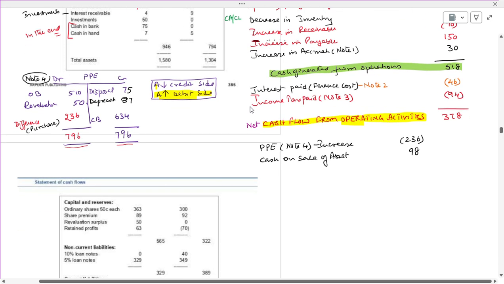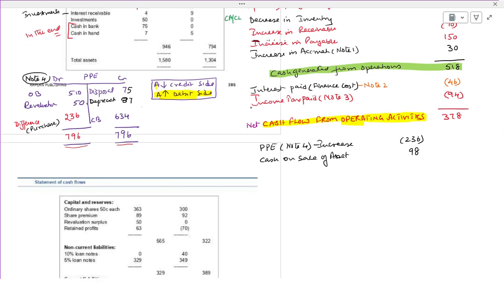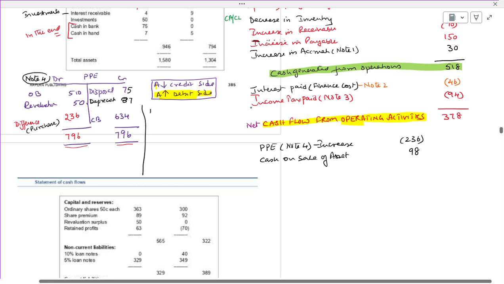See, investment. How much is there? I am writing here only, okay? Note 5. Is it right? Note 5. Interest receivables. Is it right? It is an asset. Debit balance will be on which side? Opening balance will be on which side?